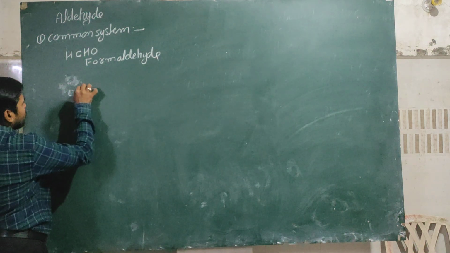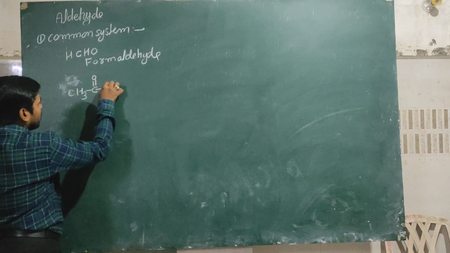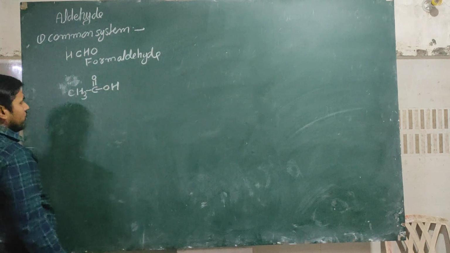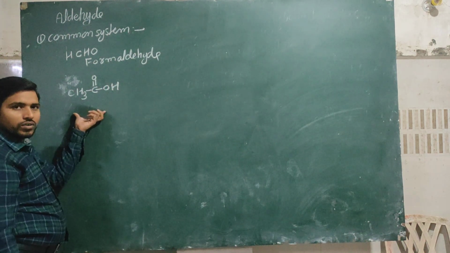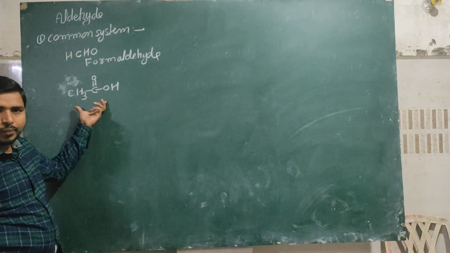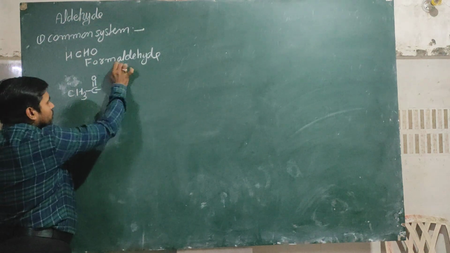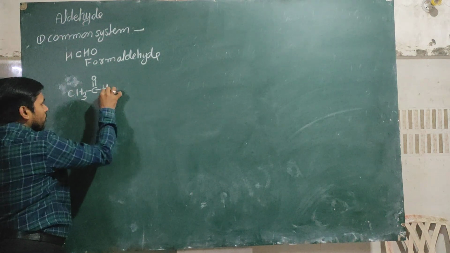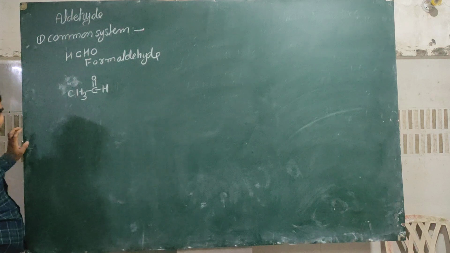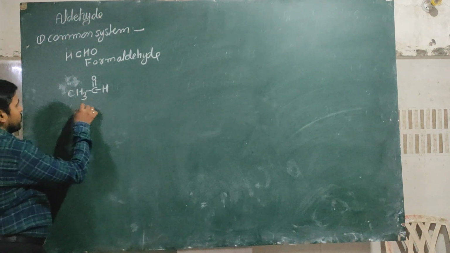Similarly, CH3COOH is acetic acid, a carboxylic acid. When the acetic acid's hydroxyl group is removed and hydrogen is added, it is known as acetaldehyde.